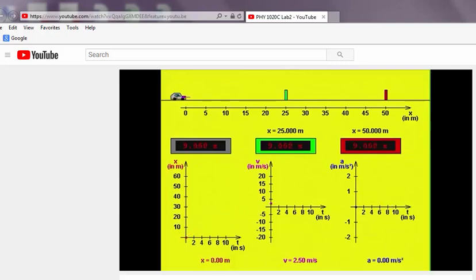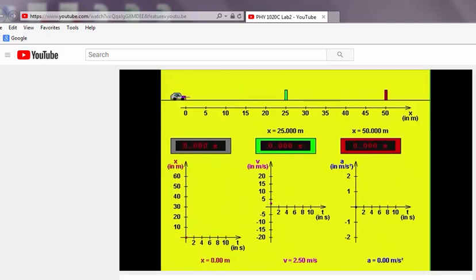Let's reset it and go for the fifth trial. All right, measure your values now. Reset it. Let's go for the sixth trial. All right, take your measurements now.